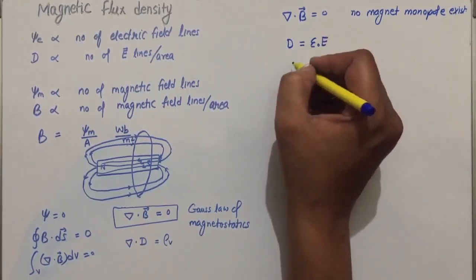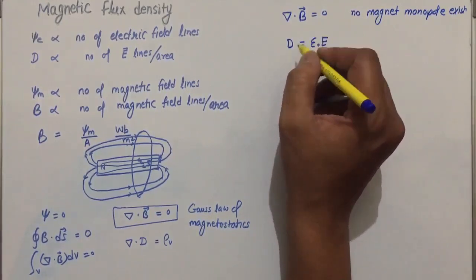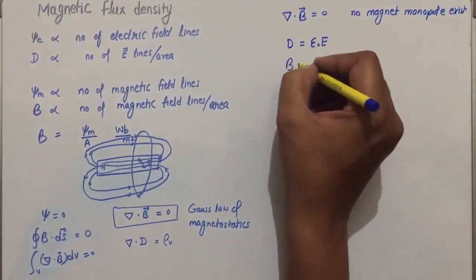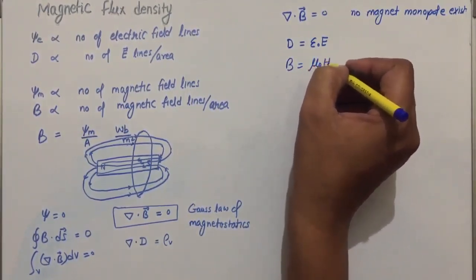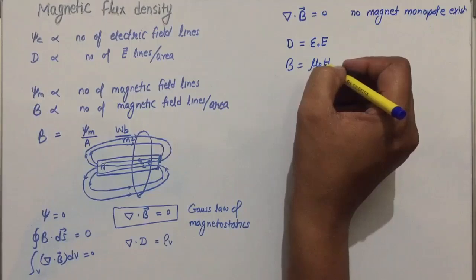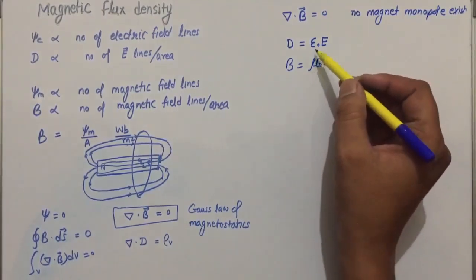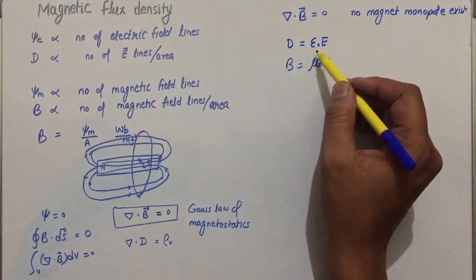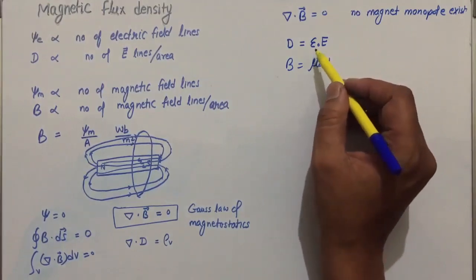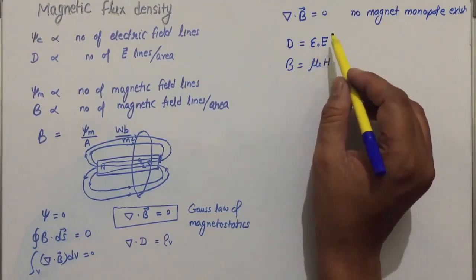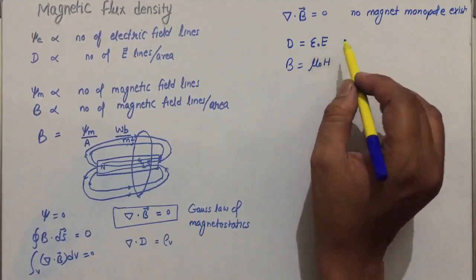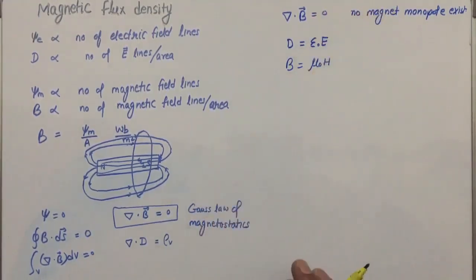Similarly, in case of magnetic flux density, B can be written as mu naught times the magnetic field intensity H. Epsilon naught is known as permittivity, and it causes opposition to the electric field lines passing through the surface, or through a material.